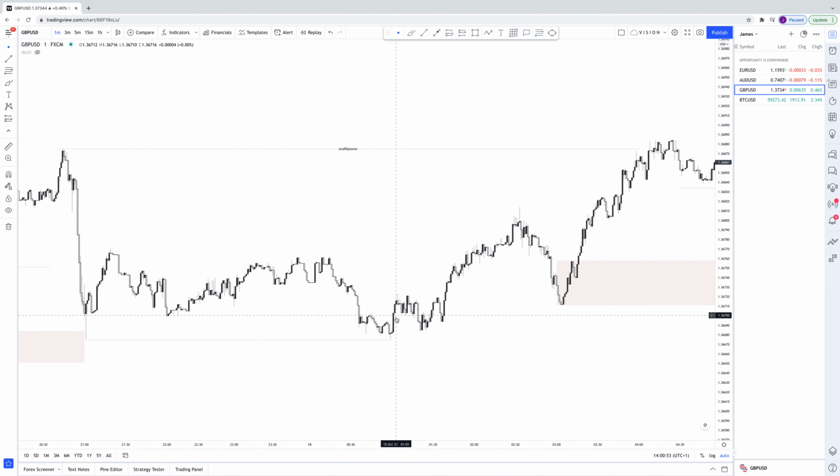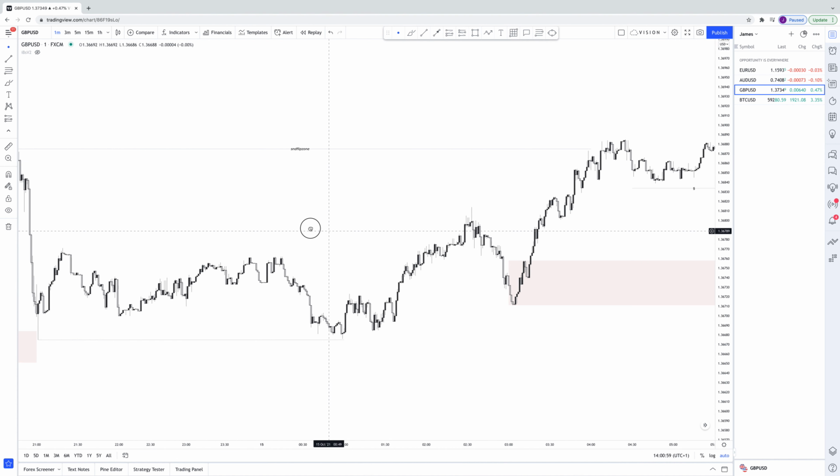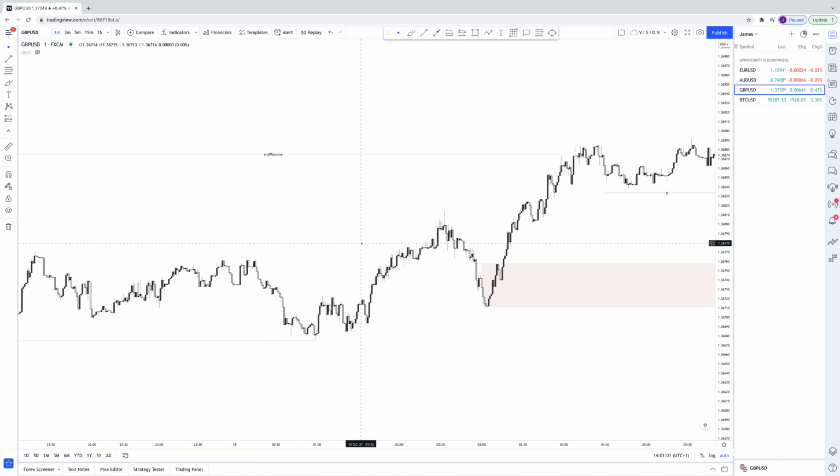So this isn't really a valid break of structure for me personally, but if you're looking at that, then you know, as long as it's in your plan to trade that, that's absolutely fine. It played out, and obviously you got in at a better price than me.